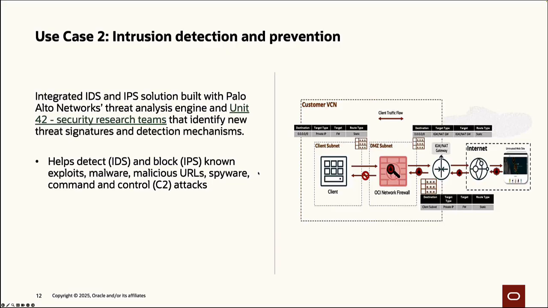In this example, you can see a website that is hosted on the internet, and the OCI network firewall has been deployed with an intrusion prevention policy that looks for the signatures of malware and other vulnerabilities. In the client subnet, there is a client which unsuspectingly clicks on a link within that website, and the link contains malware.